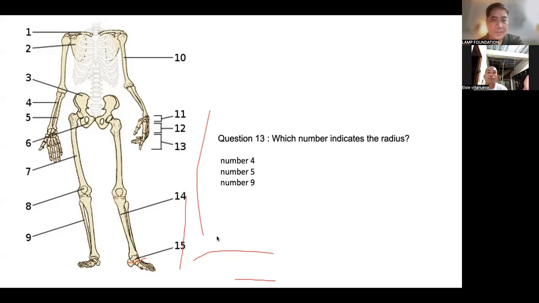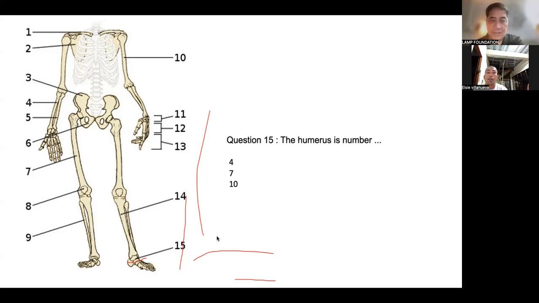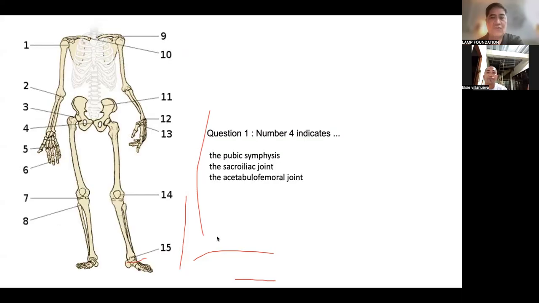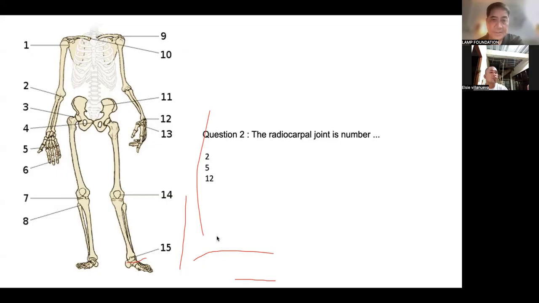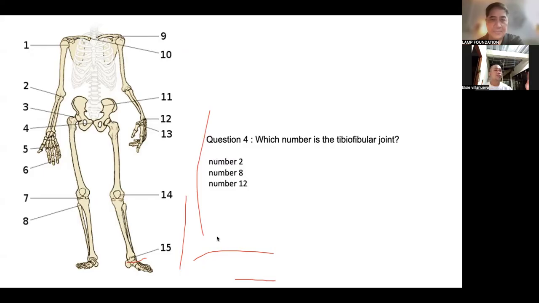Tibia. Radius. Radius, number 4. Number 9, fibula. Humerus. Number 10. 4, the pubic symphysis. Radiocarpal joint. Number 12. Number 5, the metacarpophalangeal joint.